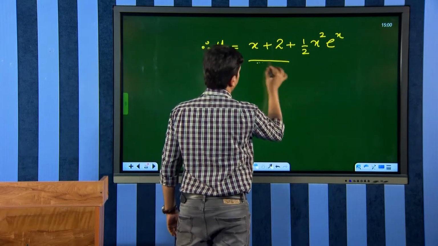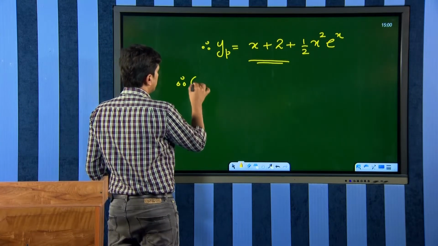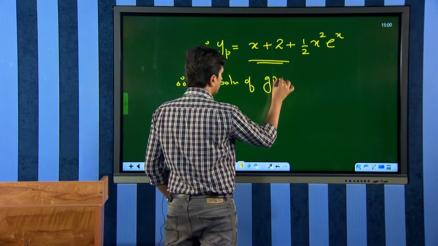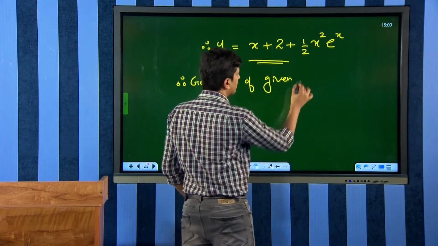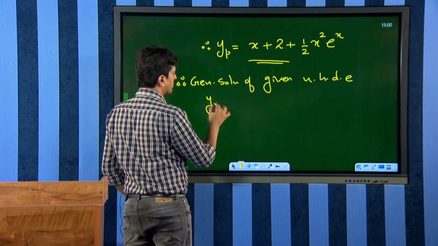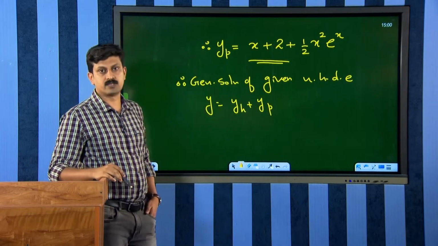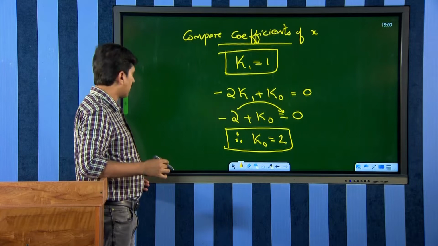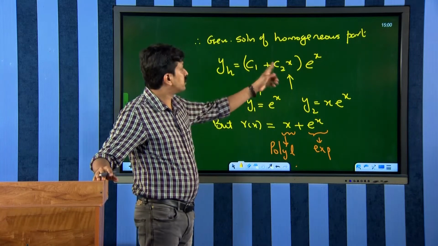So, this is yp. Now that we found yp, the general solution of the given non-homogeneous differential equation is y is equal to yh plus yp. We already found the complementary solution yh as c1 plus c2 x, times e raised to x.